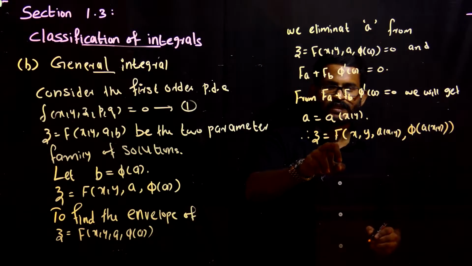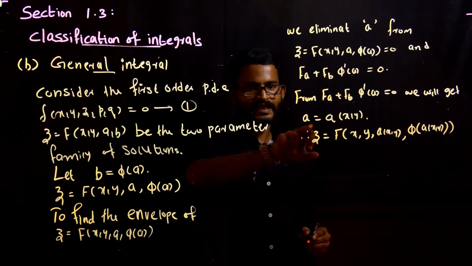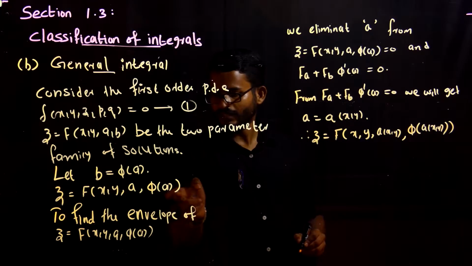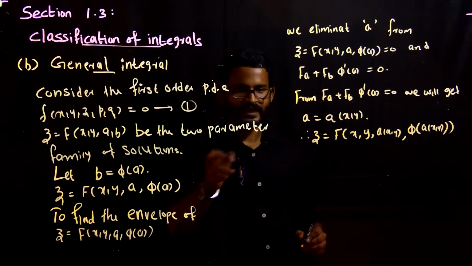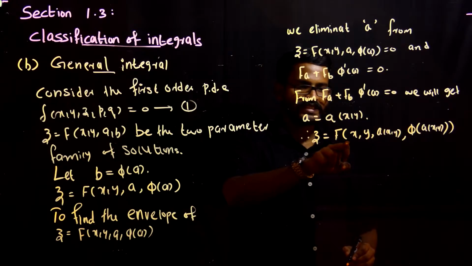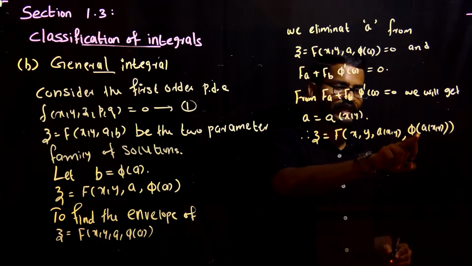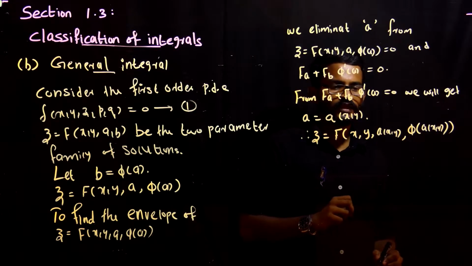That is, we substitute this a in this one parameter family of solution, and we will get z is equal to f of x, y, a of x, y, phi of a of x, y.